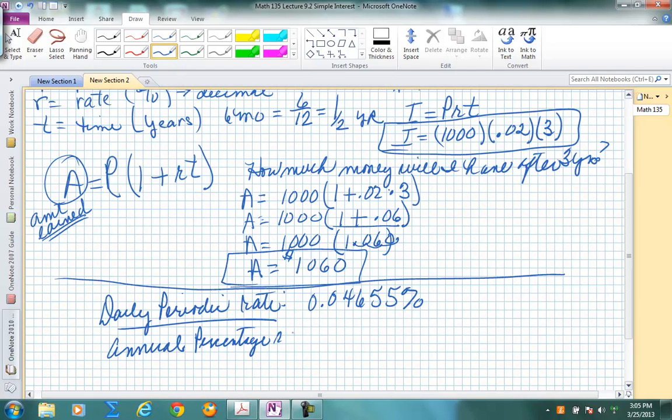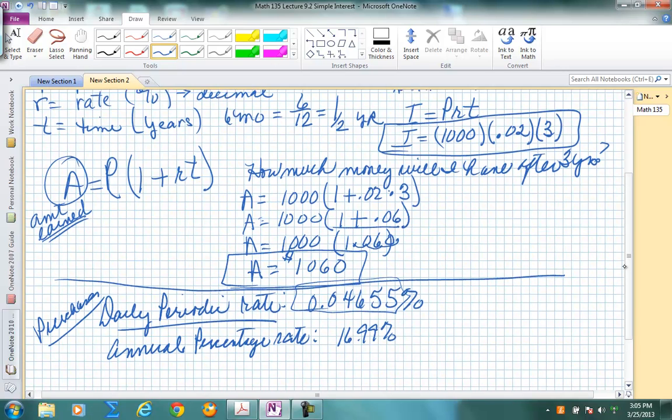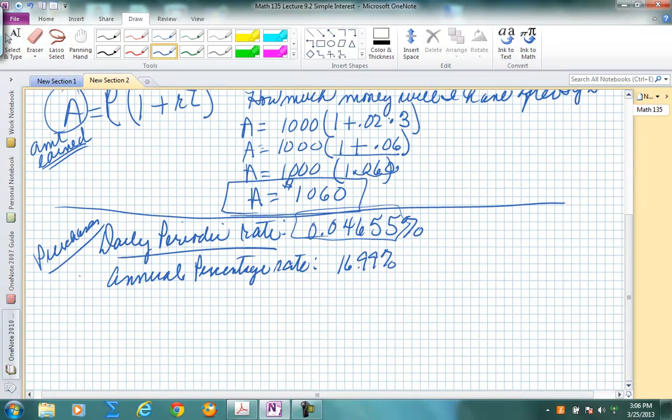So this particular credit card charges 16 and 99% interest annually, but it charges this percent daily, and that's for purchases. And then if you do cash advance, then there is another set of interest rates that differ.